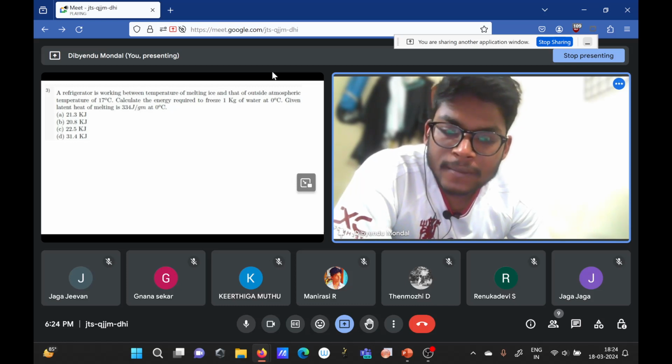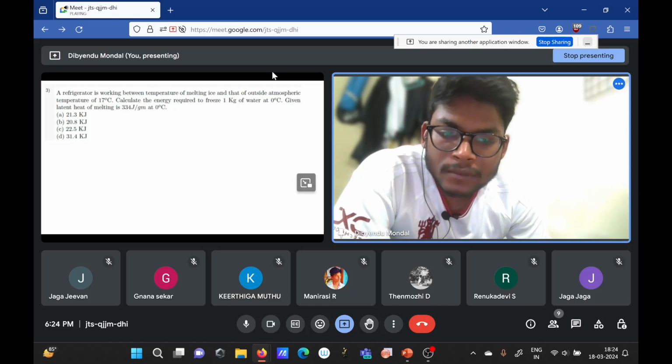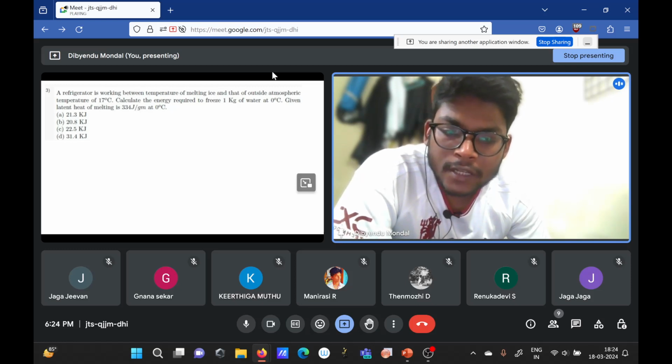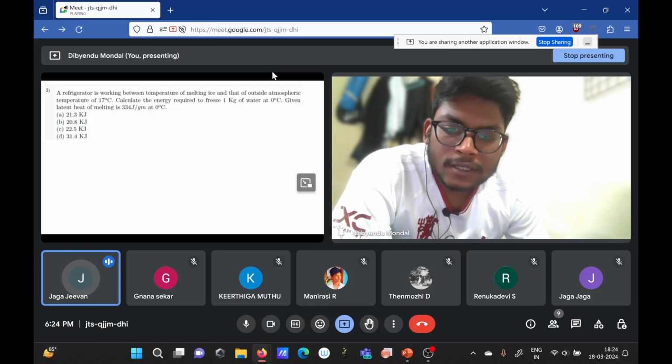Jagajivan? Anyone? Manirasi, Kirtiga, Nana Shekhar, Denmori, Renuka Devi. 0 degree Celsius, yes. 32 degree Fahrenheit, sir.